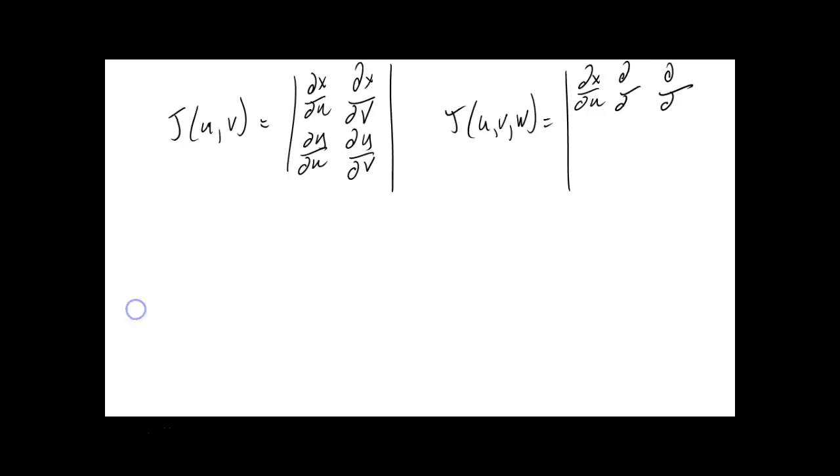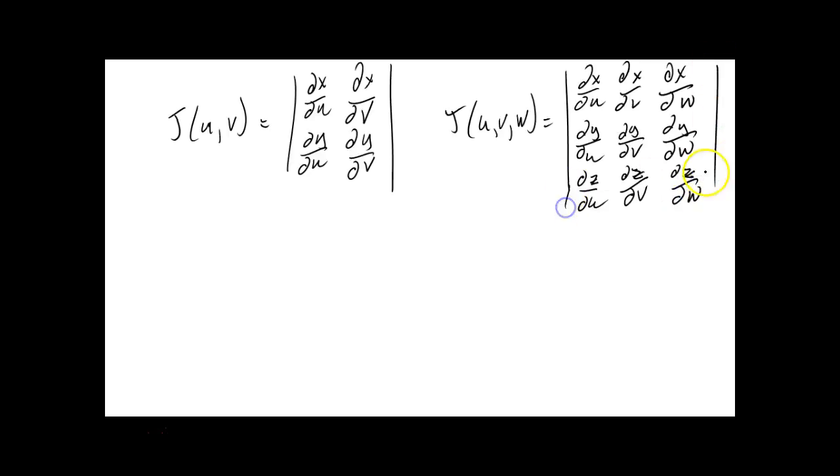You keep the x, the top one, and with respect to v and then w, then partial of y with respect to u, partial of y with respect to v, partial of y with respect to w, and then partial of z with respect to u, partial of z with respect to v, and partial of z with respect to w. Okay, it's that determinant. Okay?